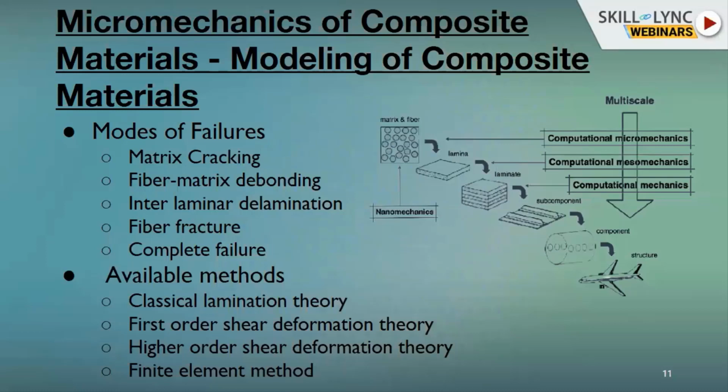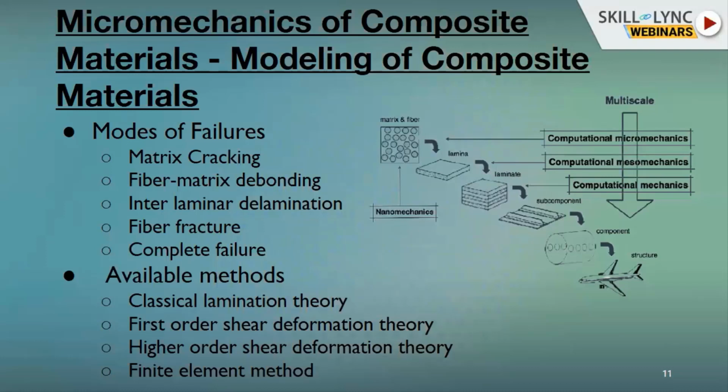So in micromechanics, most of the ingredients of a composite will have the effect of nanomechanics happening in the fiber and matrix system. So nanomechanics, in terms of polymerization and its effect, can have a huge influence in the initial stages of composite materials.